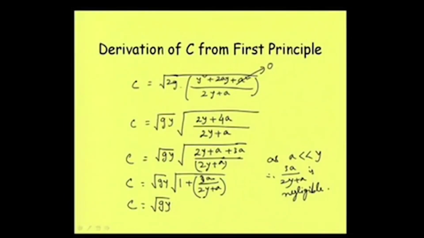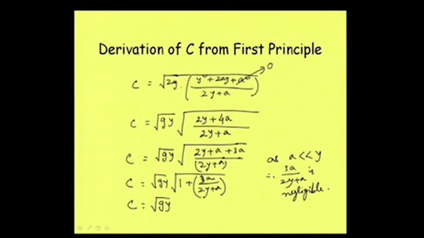Again, starting from the first principle, we could see that for a small amplitude wave we can have the expression for c as root over g y. If it is a non rectangular channel, then y will not represent these things properly.